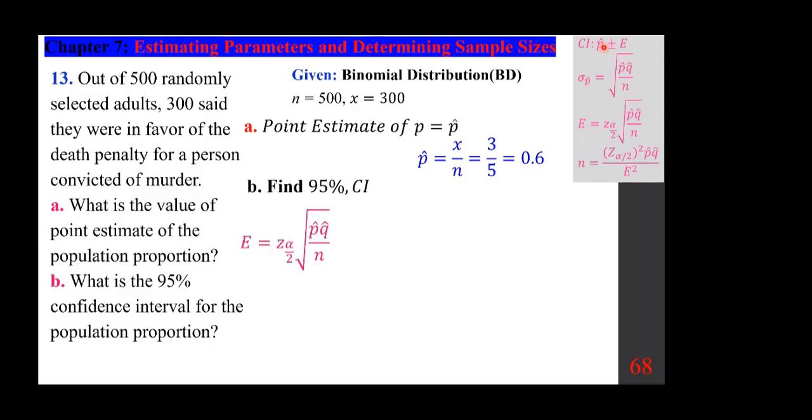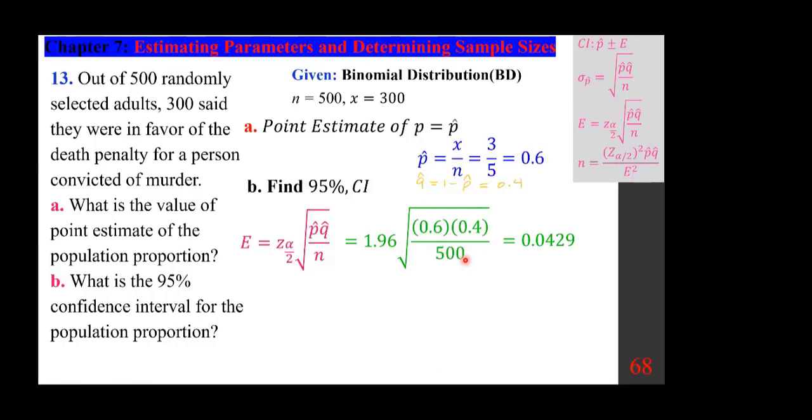Therefore, calculate the E first. We have the z, which is 1.96. P hat is 0.6. Q hat is 1 minus p hat. And plug in. 1.96 times square root of 0.6 times 0.4 over 500, we have the answer.